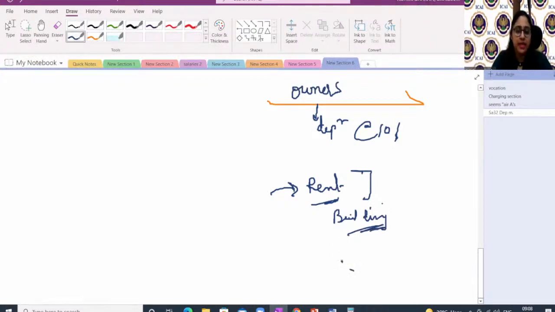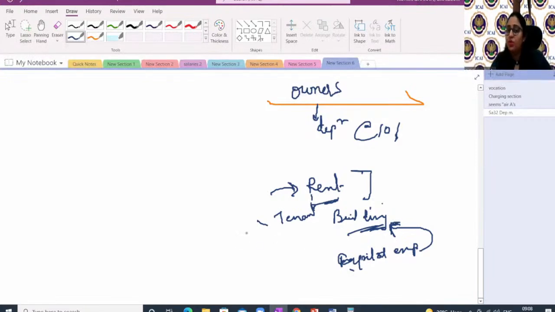Now this person has made temporary structures, he has incurred capital expenditure. I'm not talking about revenue repairs on that building. He has done capital expenditure on that building. Revenue expenditure would have been allowed to this tenant under section 30, right?